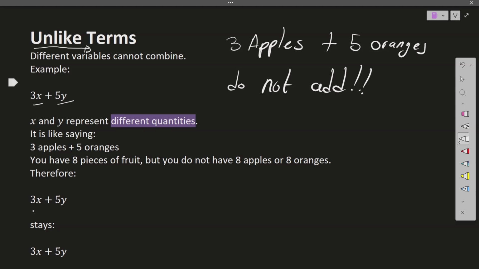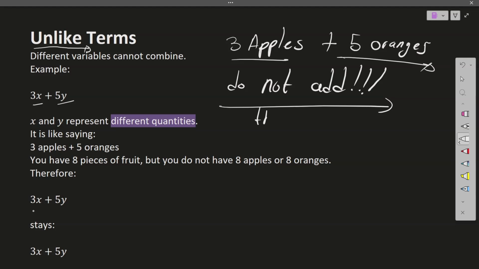You cannot add 3 apples and 5 oranges and say now you have 8 fruits. No, we want the name of the fruits as an answer, and so our expression is final like this. This is final. You do not add.